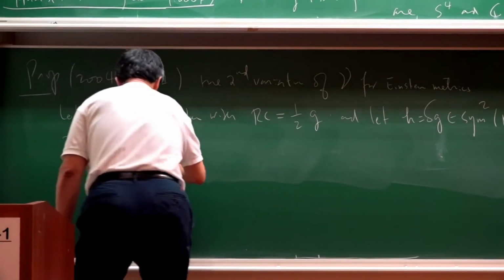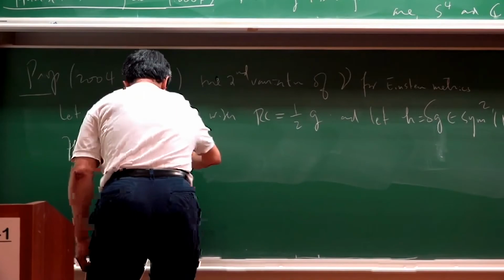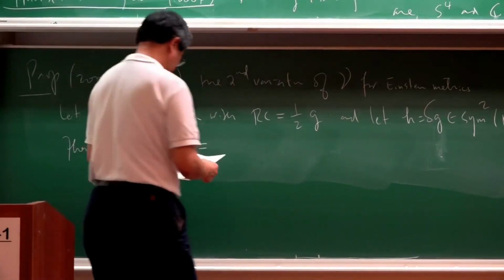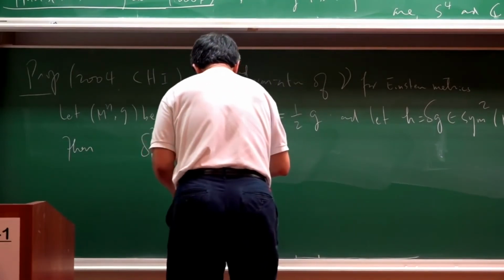Then the second variation, so this is going to be, so tau will be 1.